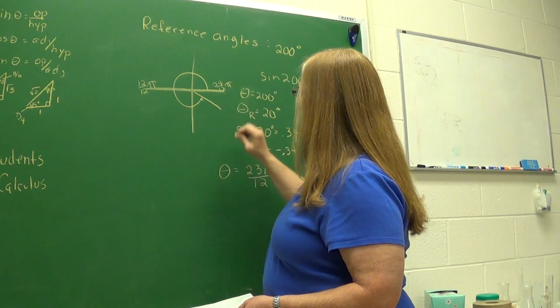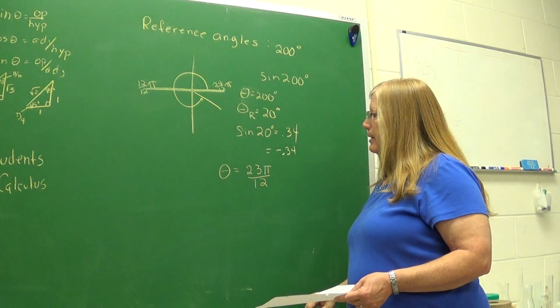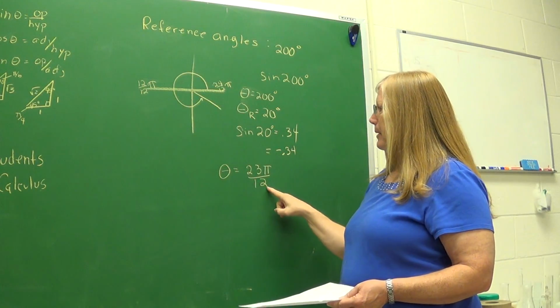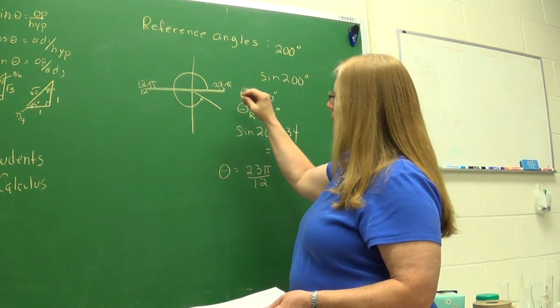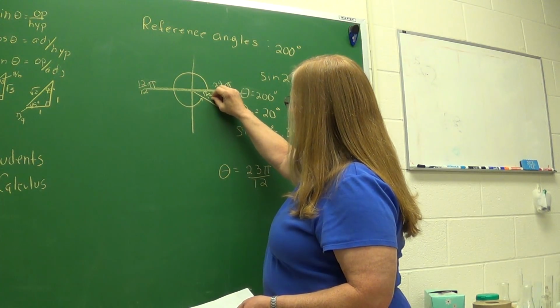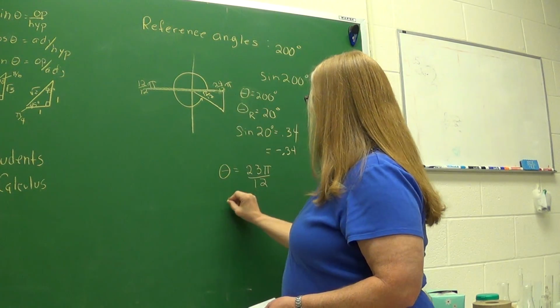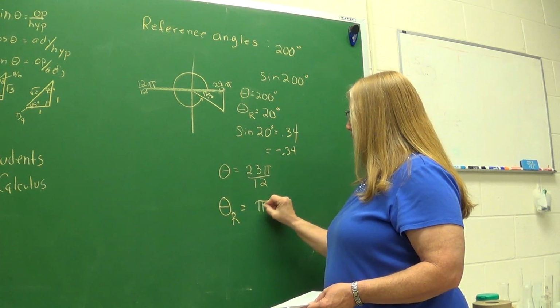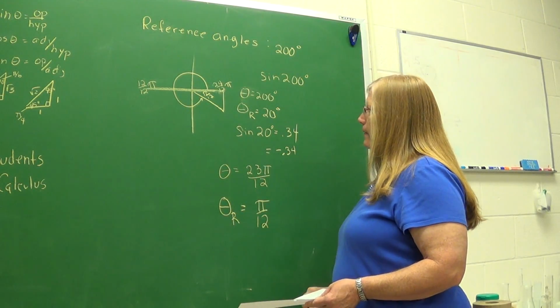So we stop shy, we don't go all the way to 24 twelfths, we stop at 23 twelfths. So that means there must be 1 twelfth, pi over 12 radians, inside our reference triangle. So I found the reference angle is pi over 12.